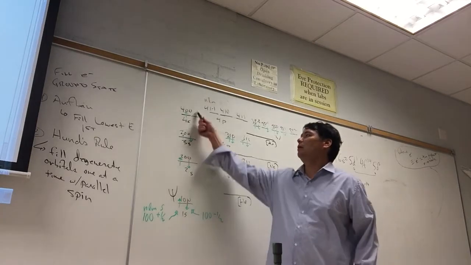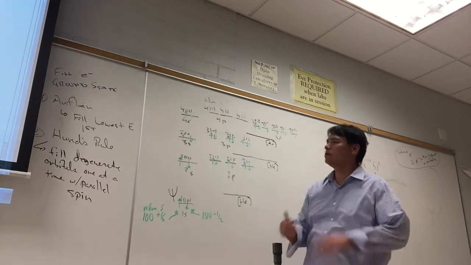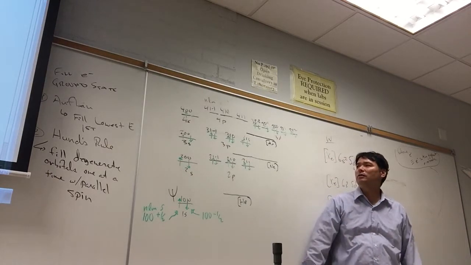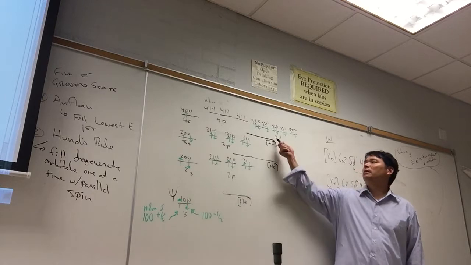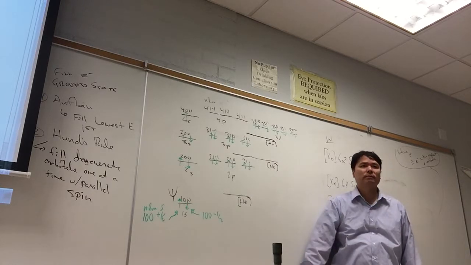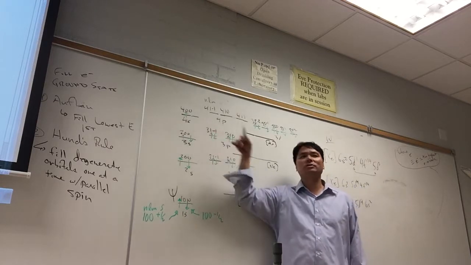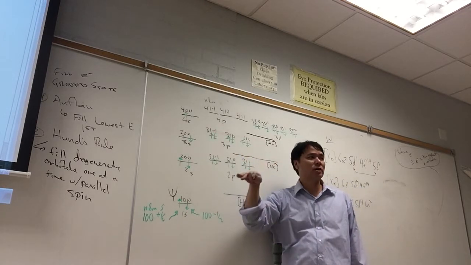And so this orbit, the n equals 4, the 4s orbit, is going to be on average much further out from the nucleus than the n equals 3 orbit. Okay? The reason why the 4s orbit is lower in energy is because the 4s is a more penetrating orbital.